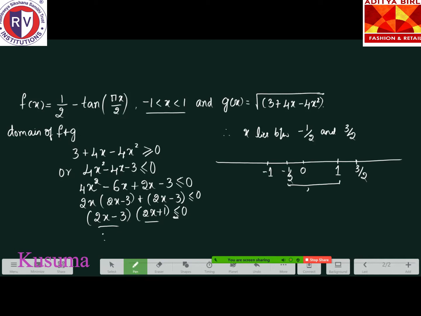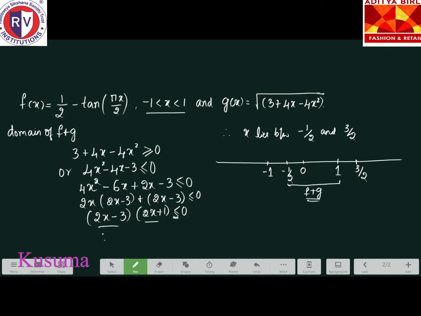Therefore, for f plus g, the domain will be the set of all x that lies between minus 1 by 2 and 1, including minus 1 by 2, but not 1.